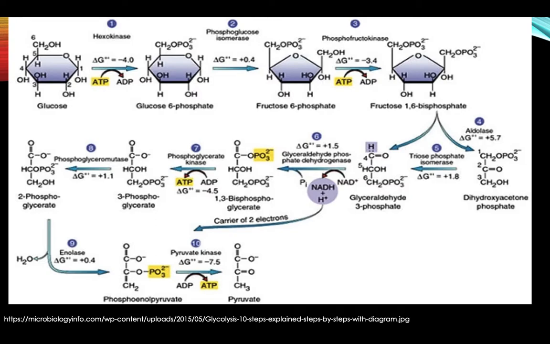An enzyme, enolase, will now take away a single water molecule from the 2-phosphoglycerate and will form phosphoenolpyruvic acid, or what is commonly known as PEP.